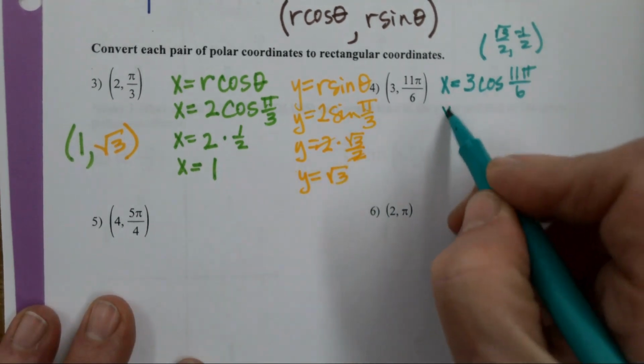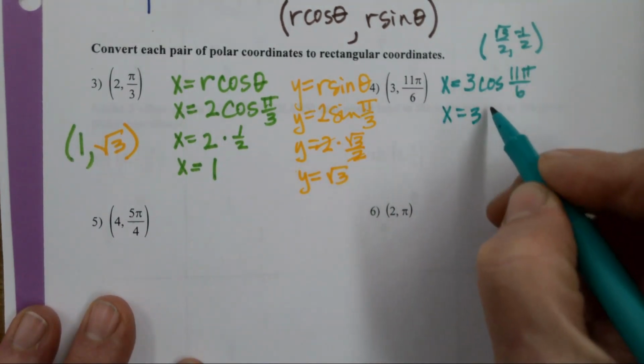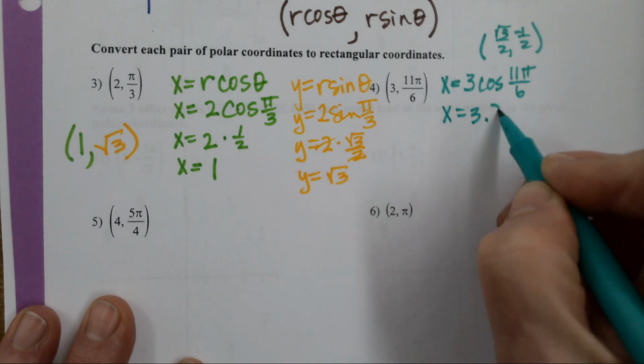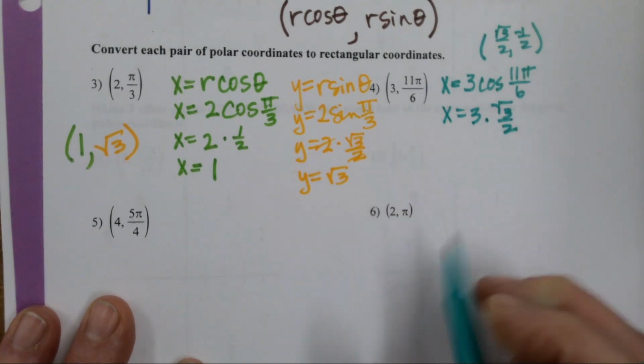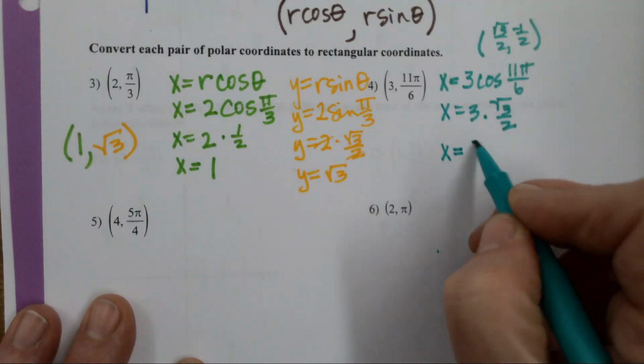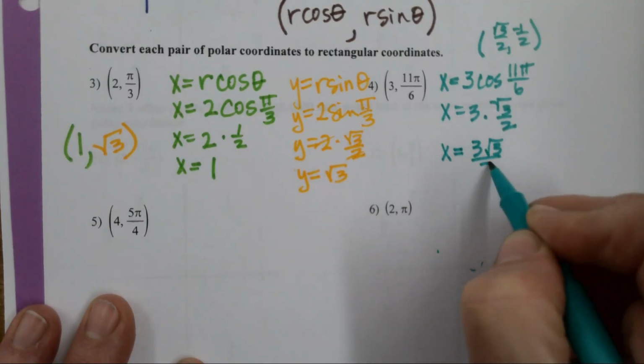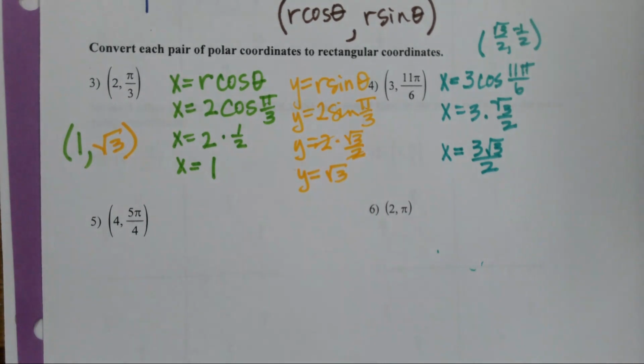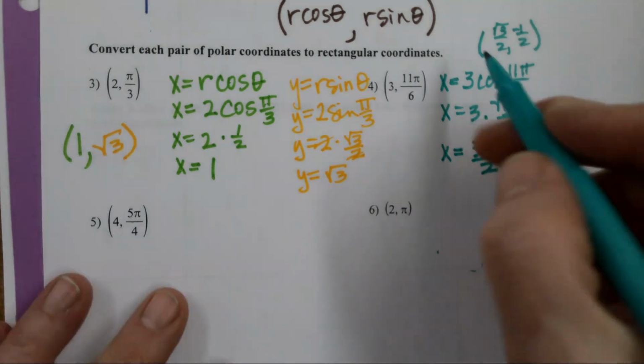So x is 3 times the square root of 3 over 2. Can't do much with that. It is 3 times the square root of 3 over 2 is how I'm going to leave it. I can't cancel anything. All I can do is multiply the top number, 3 times the square root of 3, and then the 2 on the bottom, because remember this is 3 over 1.